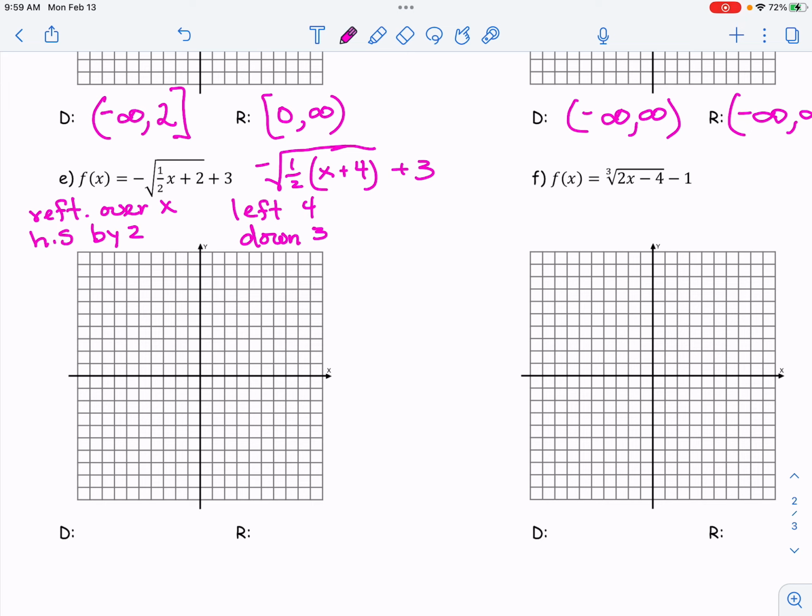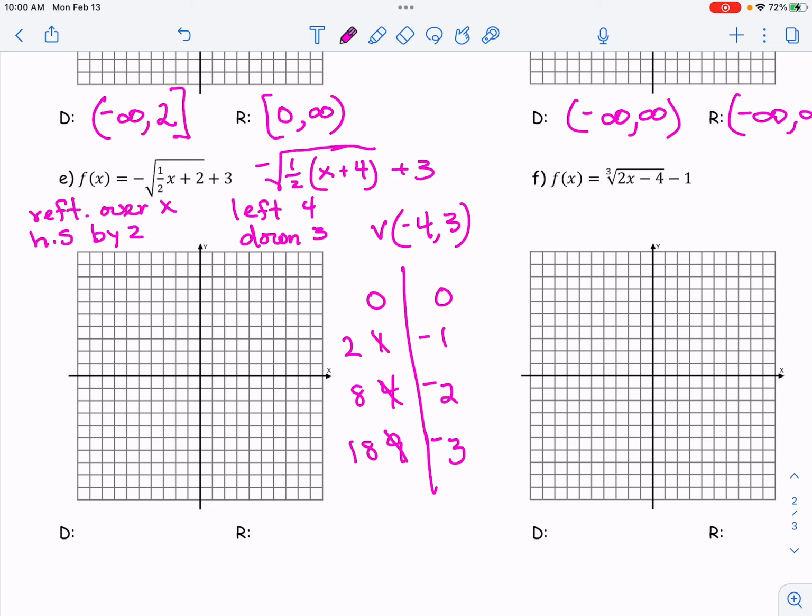This is a square root function, so 0, 0, 1, 1, 4, 2, and 9, 3. My vertex is going to be -4, 3. The reflection is over x, so the y changes. And it's been horizontally stretched by 2, which means the x will change by 2.